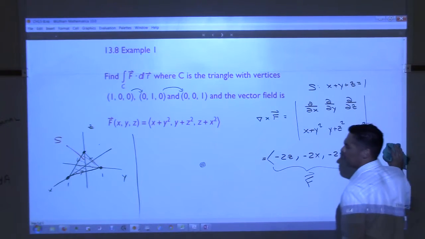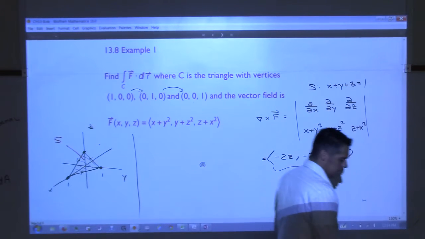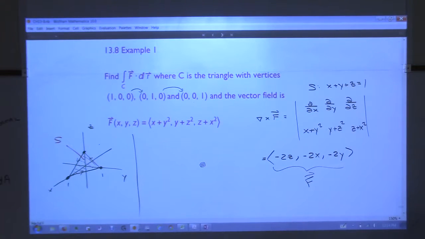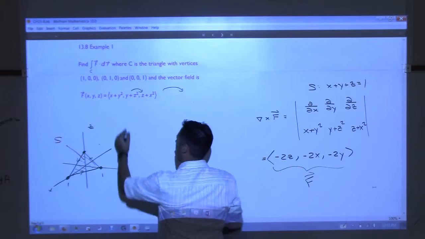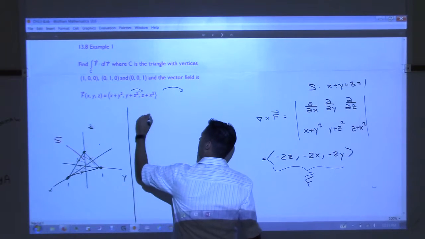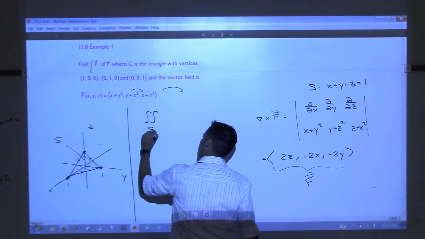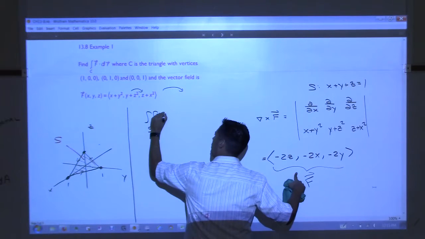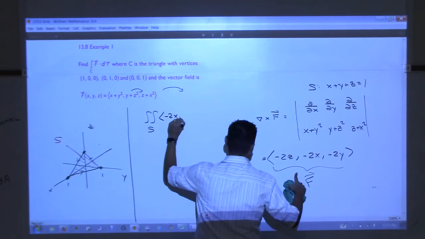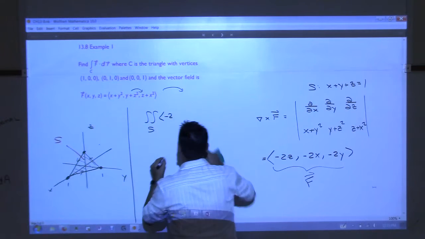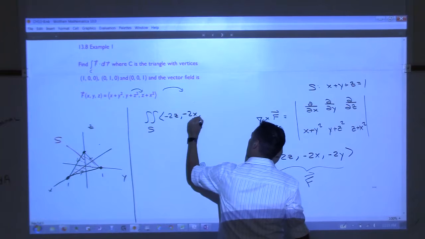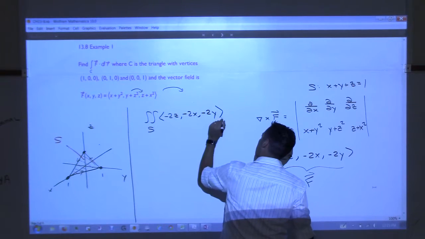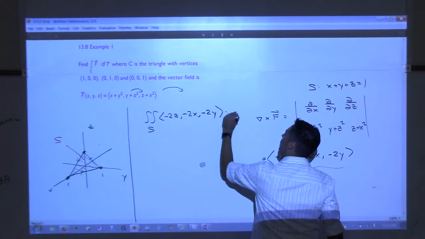Okay, so really here's where we are. I'm going to erase this. I need more room. I think what I can do is make this smaller. So right now we need to do the double integral over S of this curl of F, which is negative 2x, negative 2z, and then negative 2x, and then negative 2y, dS.